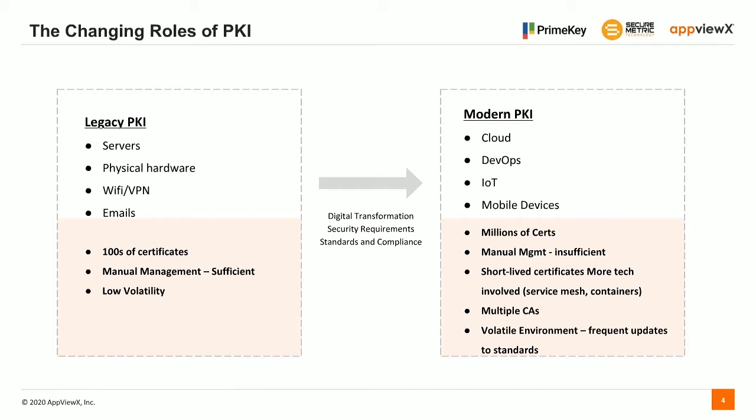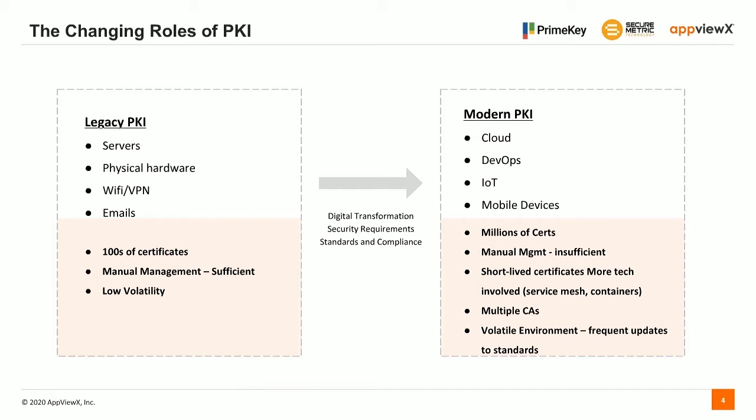But because of digital transformation, the whole thing has changed with the new PKI, with the cloud coming in, right? There are a lot more certificates that are deployed with DevOps, tool chains, build and rebuild type of capabilities.